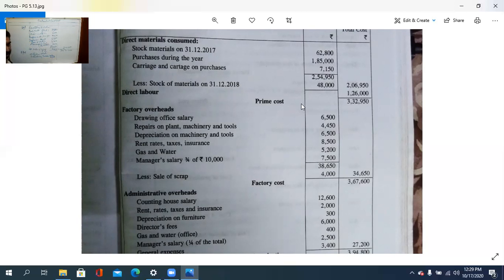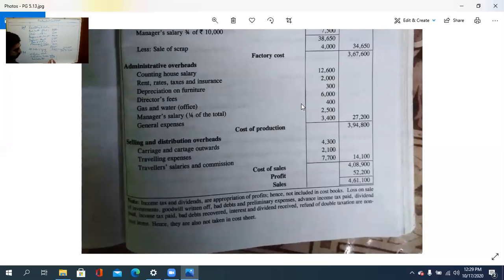Then rent, rates, taxes and insurance, that is the same. This is the factory part and the rest is the office part. So rent, rates, office, that is the office part. How much is it? 2,000.